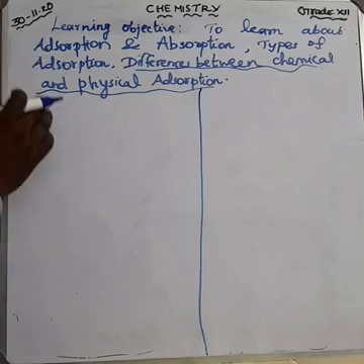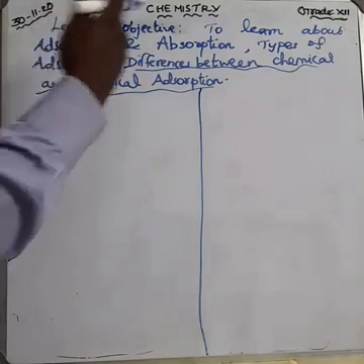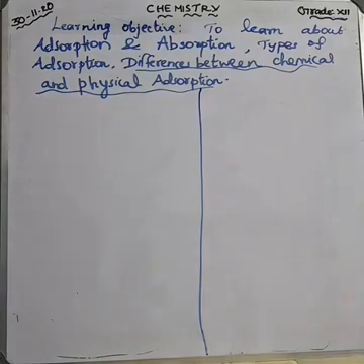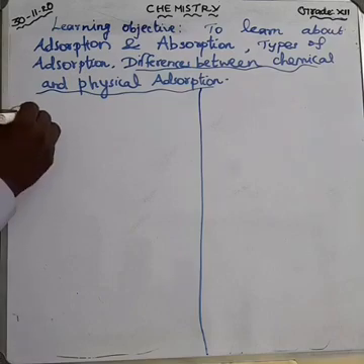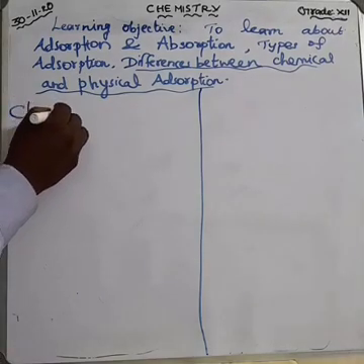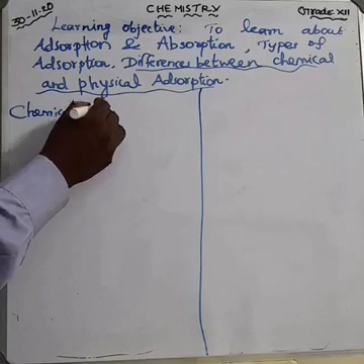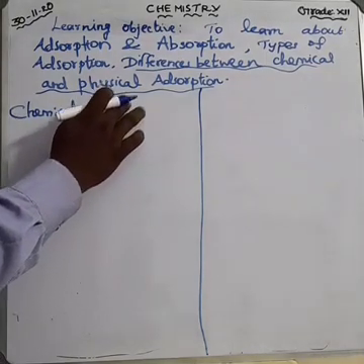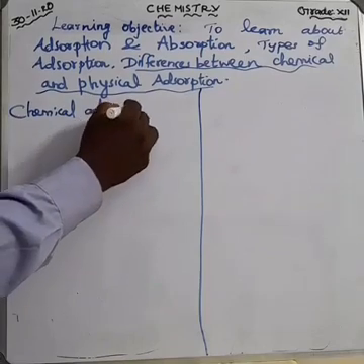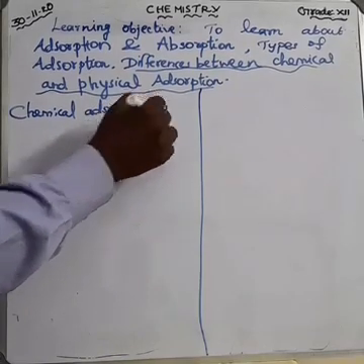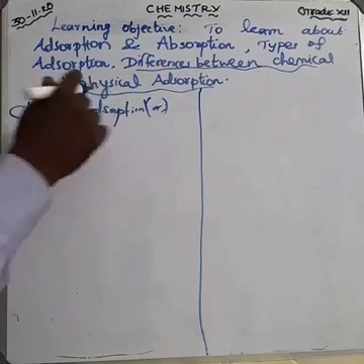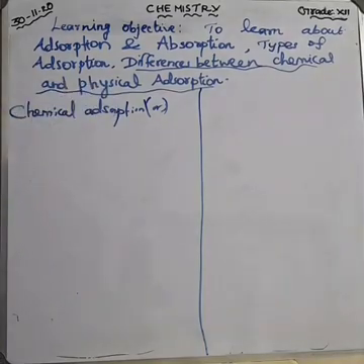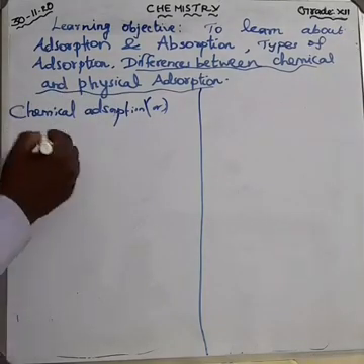One is for chemical adsorption, the other for physical adsorption. First, write the other name of chemical adsorption: chemisorption, otherwise called activated adsorption.